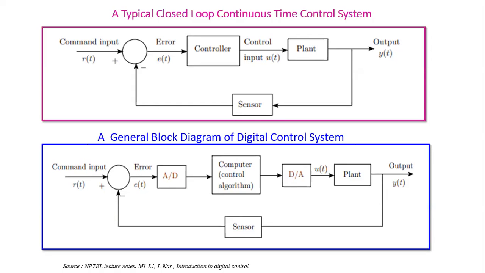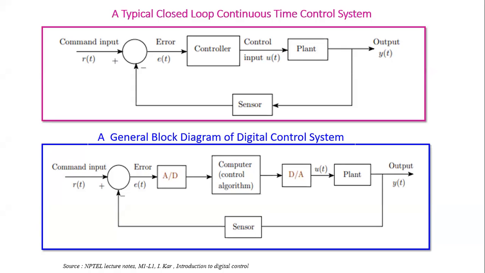So if you see the upper diagram, if you try and recollect our initial chapters, in a continuous time control system, all the system variables are continuous. They are continuous signals, whether the system is linear or non-linear. In our syllabus, we have always focused our attention on LTI. But we also know that practical systems could be non-linear as well.